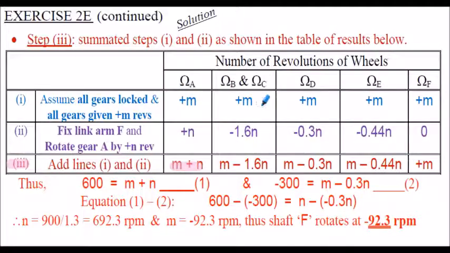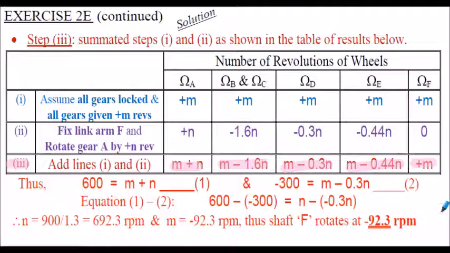Summating the columns for the speeds of gears B and C, we get m minus 1.6 n. Summating the column for the speed of gear D, we get m minus 0.3 n. For the column of speed of gear E, we get m minus 0.44 n. And finally, for the speed of gear F, the link arm, we get positive m.